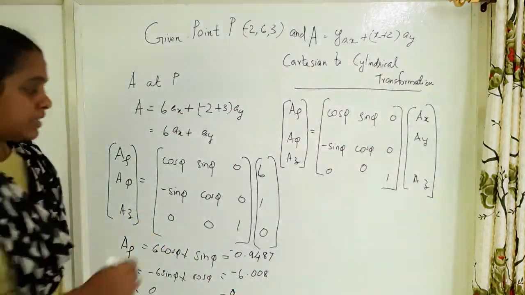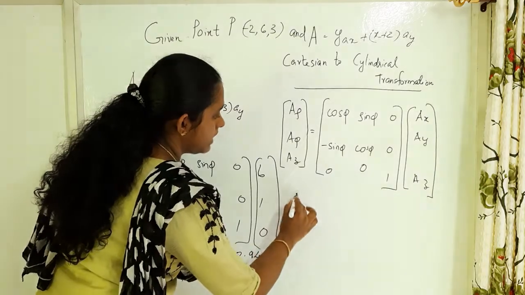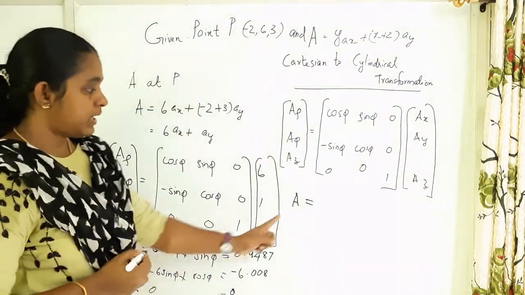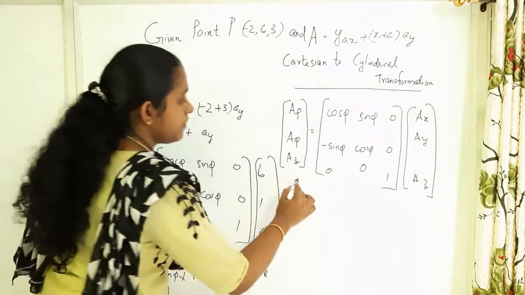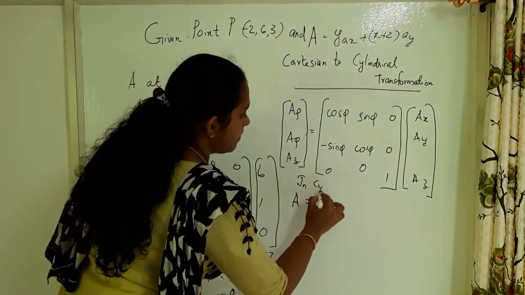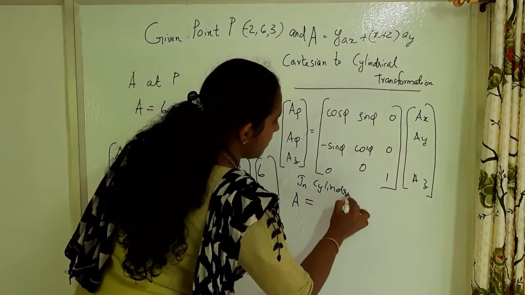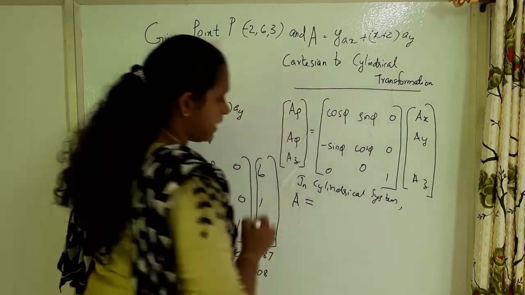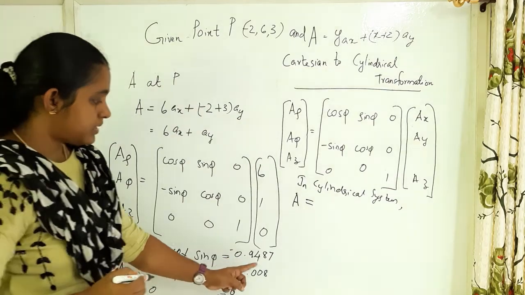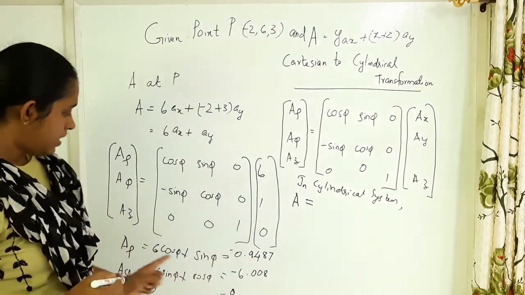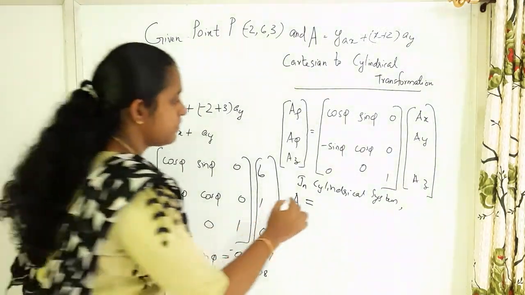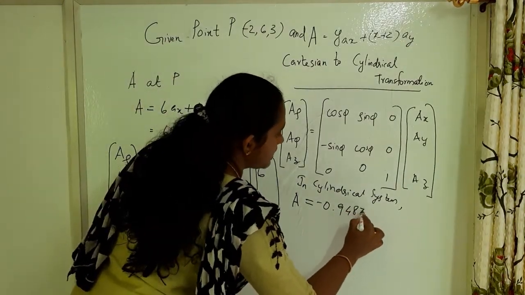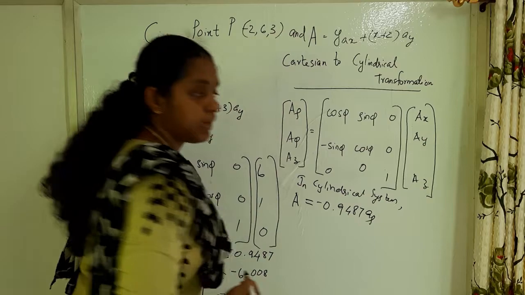Now we have to write the vector A in the cylindrical system. Vector A can be written as the coefficient of a rho is minus 0.9487 a rho, unit vector a rho.